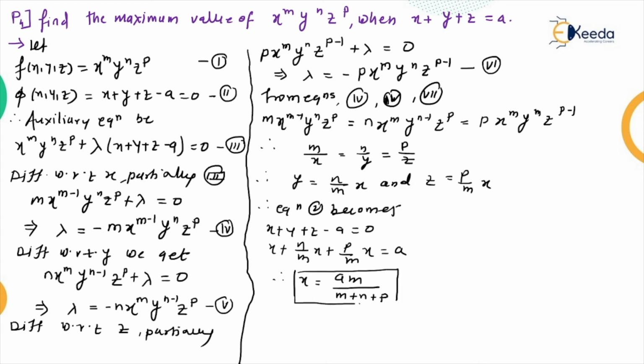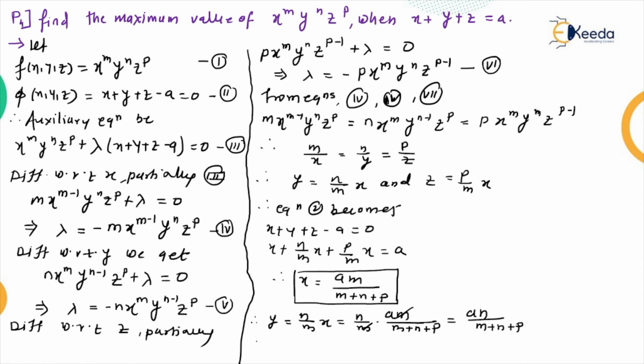Now substitute the value of x in the above equations, and y and z will be obtained. So y is n divided by m into x, and x is am divided by m plus n plus p, so after cancellation we get y equal to a n divided by m plus n plus p.